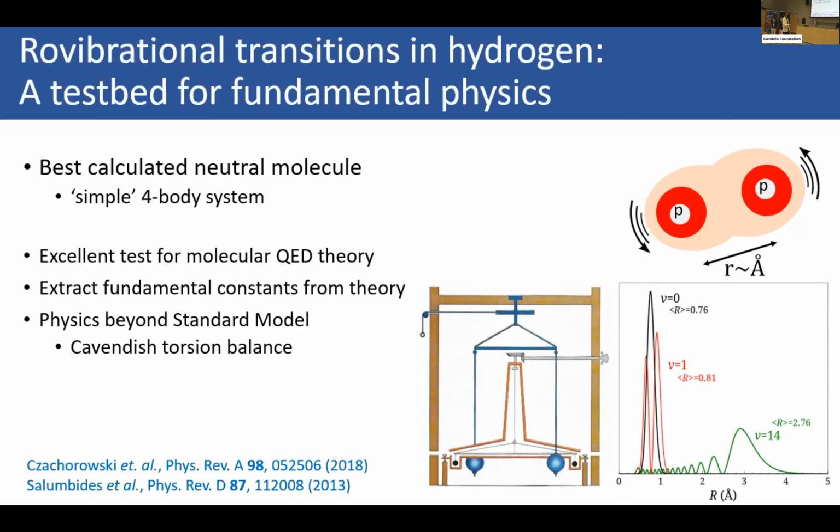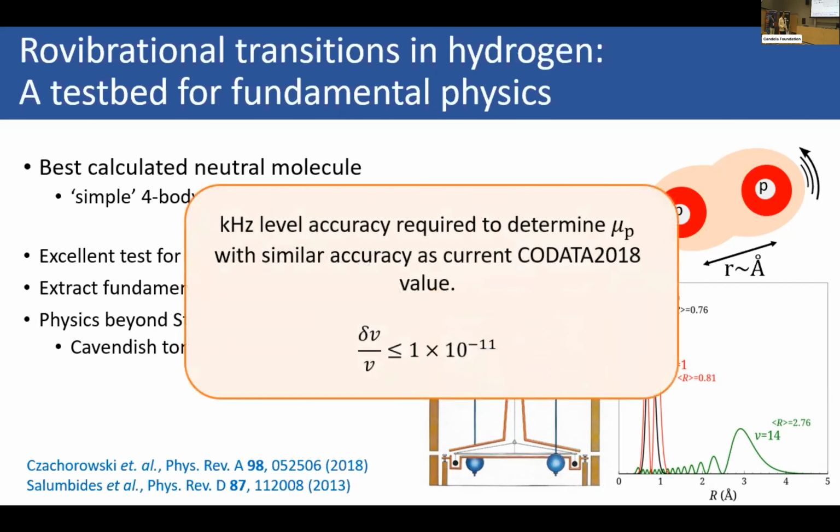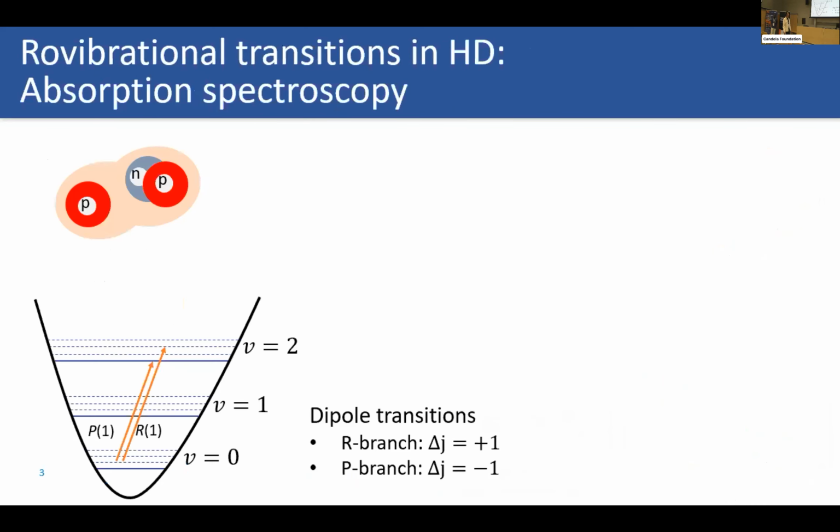Even V14, my colleague Kenneth will talk later this afternoon about high vibrational states actually. But in order to compete with modern atomic or ionic systems, we need to extract kilohertz level accuracies, or a relative uncertainty below 10⁻¹¹, in order to contribute to several of these problems.